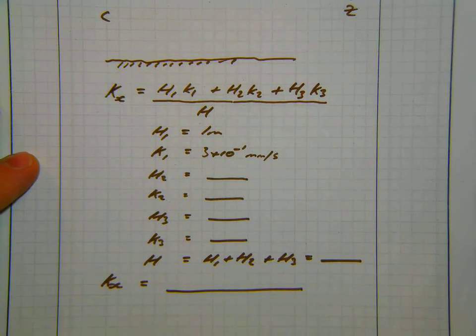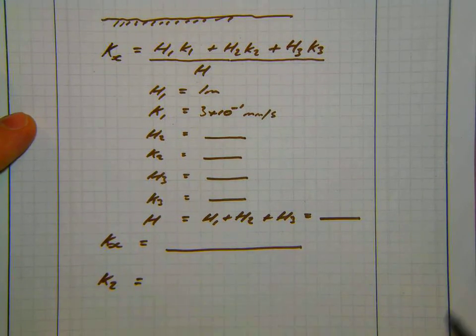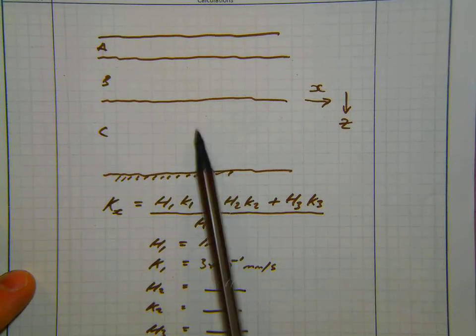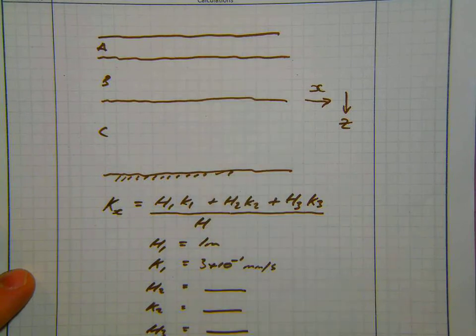For the second part, we're trying to find what is Kz. So this is the permeability through the soil, as the water from the aquifer would tend to find its way up through the soil.